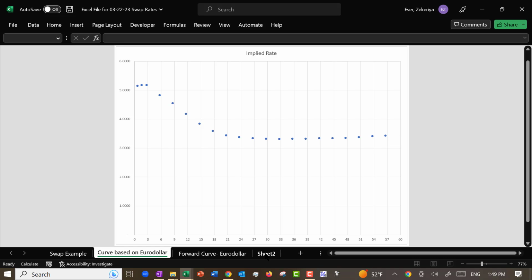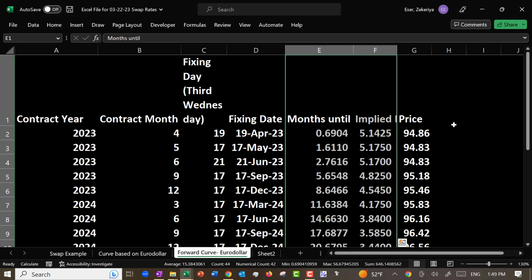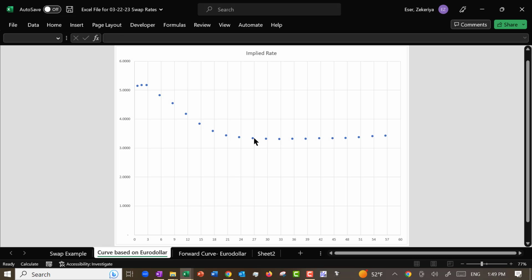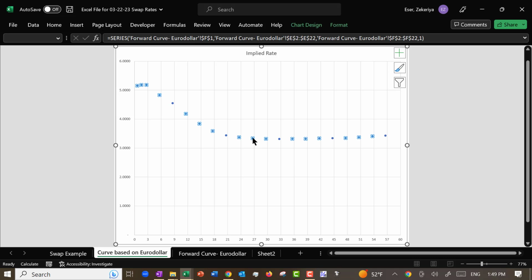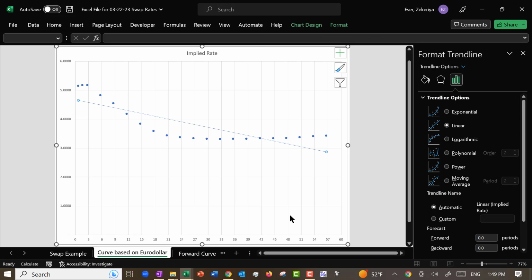So the way I'm going to do it, I mean, you can do it in a lot of different ways. Let's go to that chart again. You can actually fit a curve to that. Go trend line.